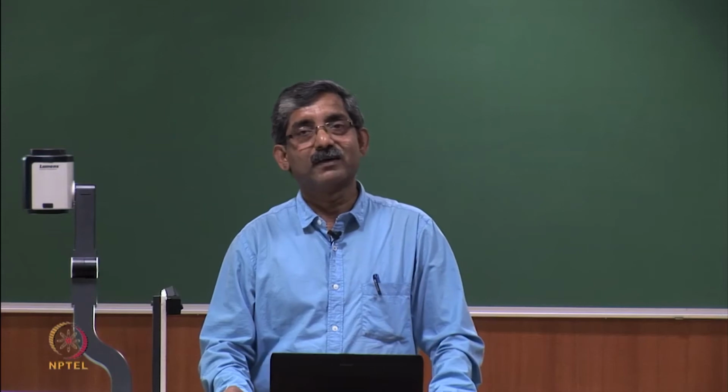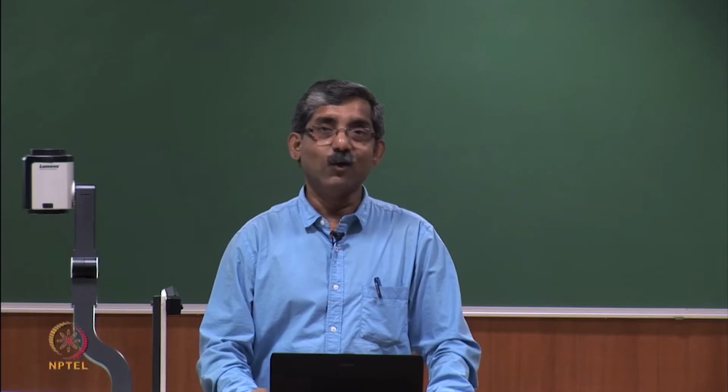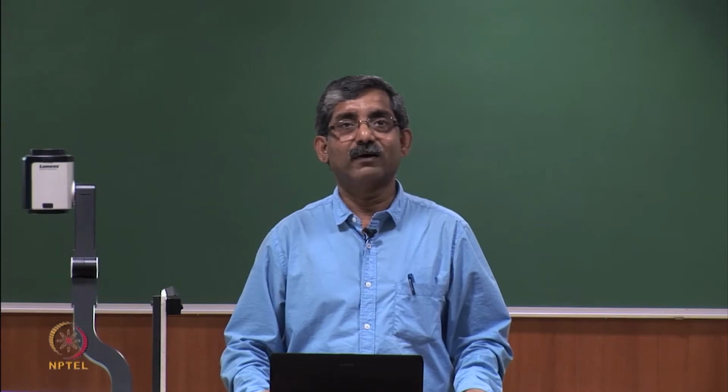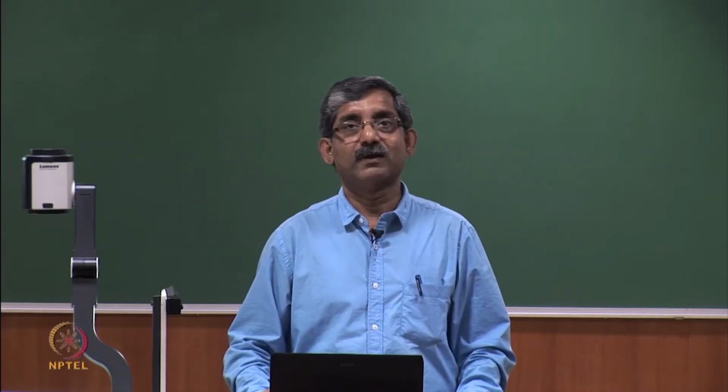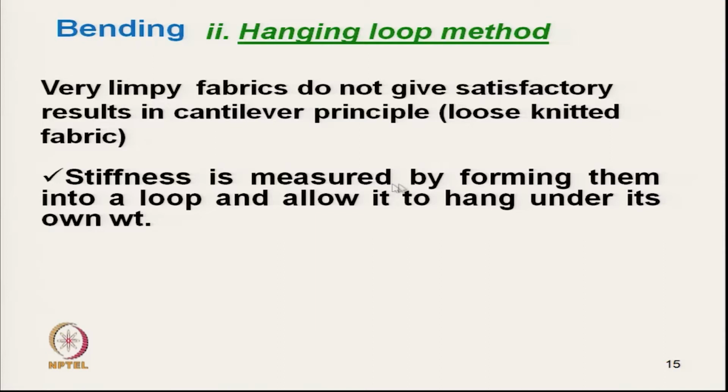For those fabrics we have to use another method, which is the hanging loop method. Hanging loop method is for very limp fabrics that do not give satisfactory results in the cantilever principle, like loose knitted fabrics, as I have mentioned. The stiffness is measured by forming them into a loop and allowing it to hang under its own weight. Like this is a fabric, suppose it is a very limp fabric.